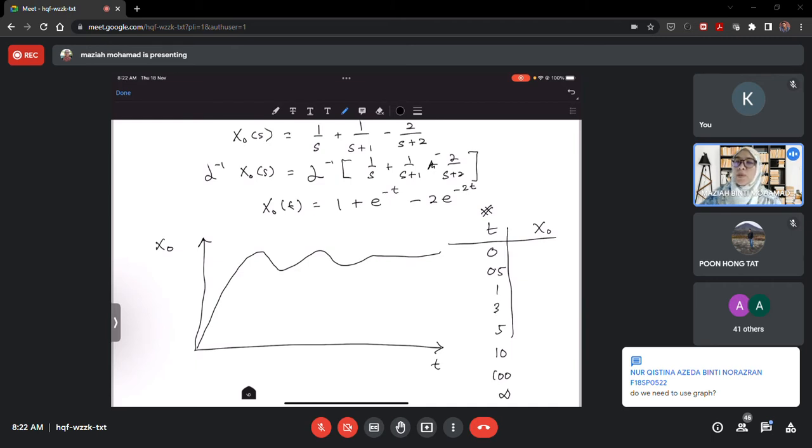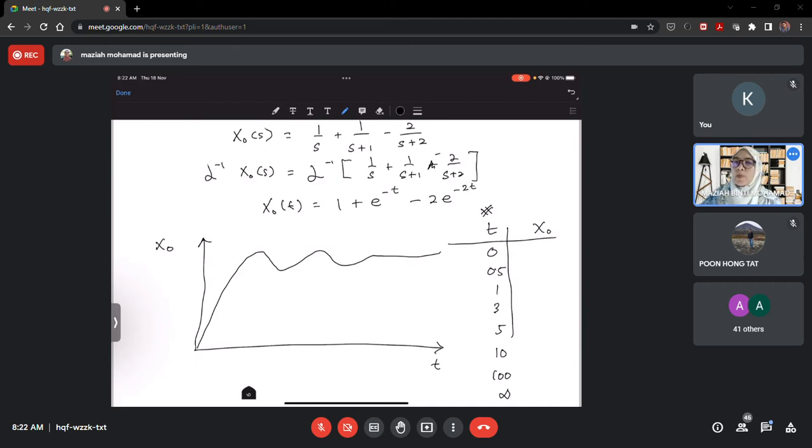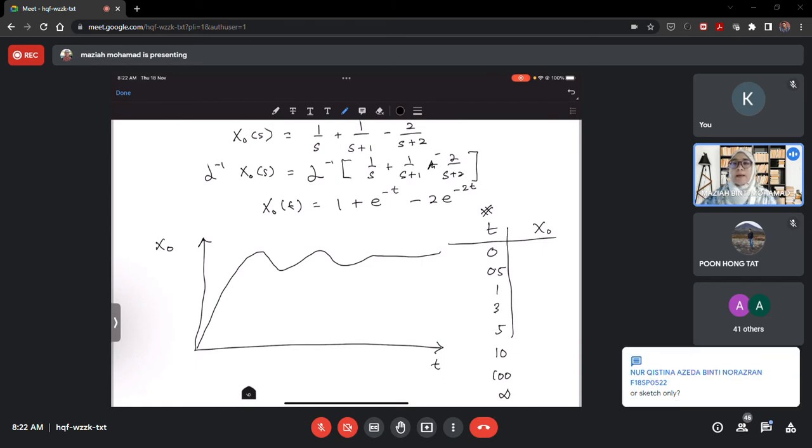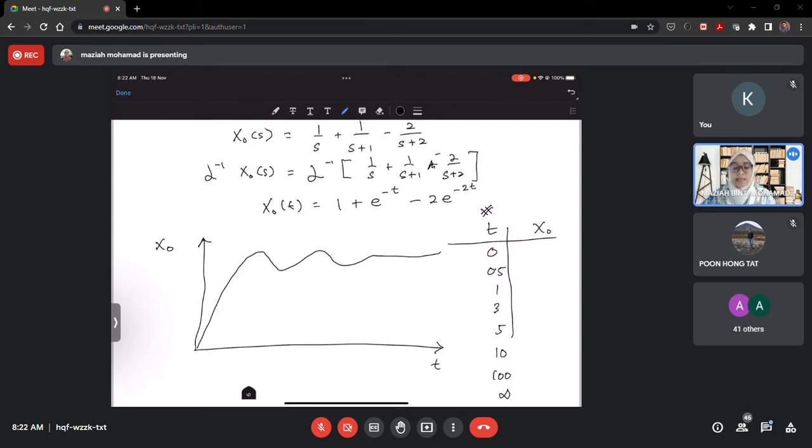Do we need to use graph? Normally it won't ask you to plot the graph actually, but here I just want to show you the application of the time response equation that you have derived.